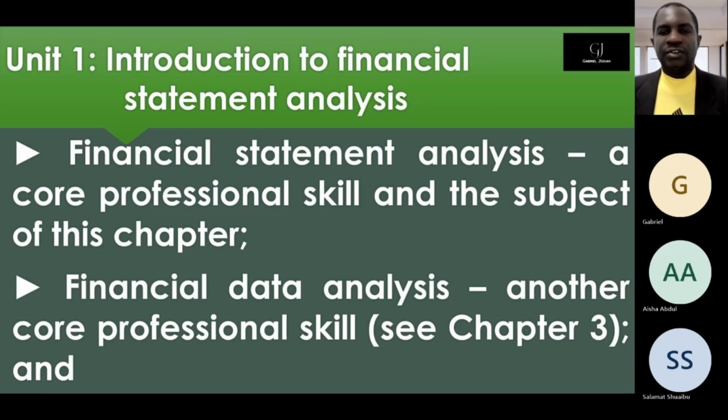By way of introduction, the skill to be able to analyze financial statements and financial data that are not structured via IFRSs or any other regulatory framework of reporting is financial data analysis. And the examiner tends to test both of these skills in chapter 2 and chapter 3. So we'll be looking at most of them in detail to help us glean from them with the time we have.